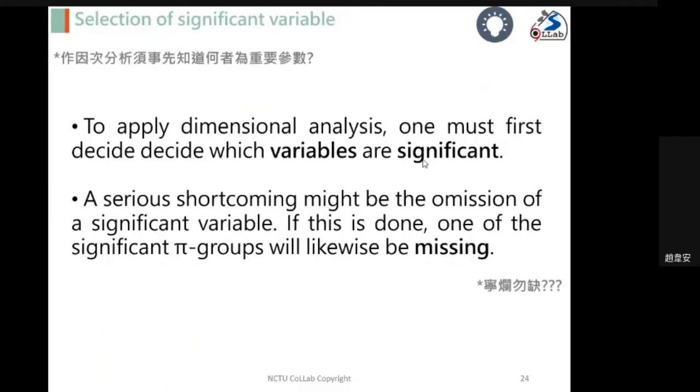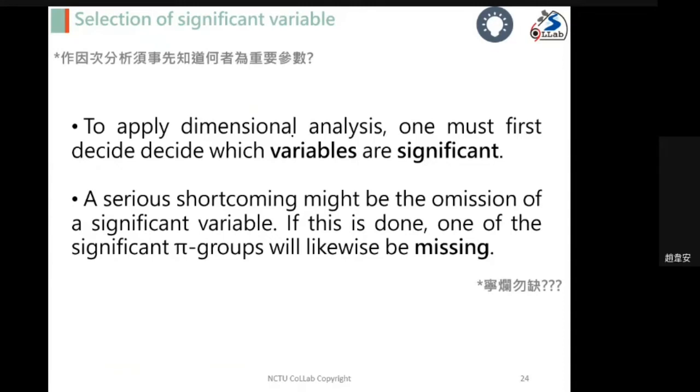So this is very important. If we know the relationship between two pi groups, then we can conduct experiments to understand the certain relationship. One thing is very important, which is the selection of the significant variables.